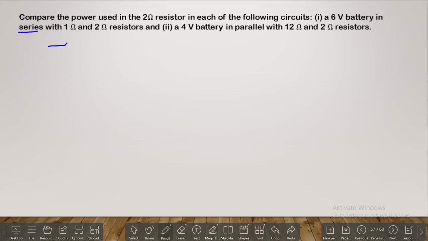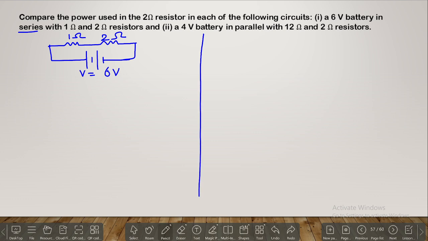The one circuit is in the form of series. Series means, we all know, it's end to end. So what are the two resistors? 1 ohm, 2 ohm, which is connected along with the battery, which has a potential difference V equal to 6 volt. And another circuit is there, but what type of combination is it? It's a parallel combination.